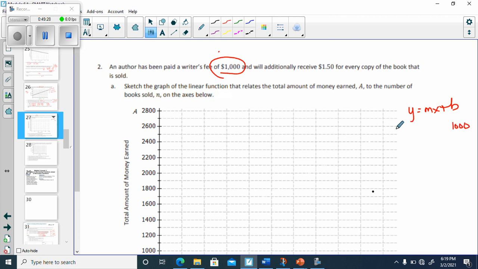Then he gets $1.50 for every copy. y is equal to 1.50x plus 1,000. Now he's saying that his y is going to be called A, that's the amount he gets, and that his x is going to be called n, that's the number of books. Okay, so there's our equation.